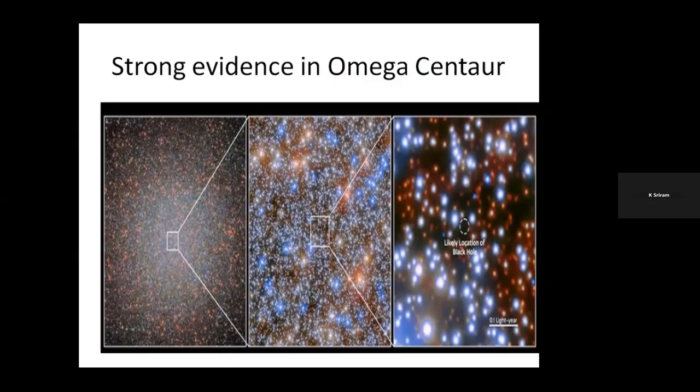It has been debated for the last two or three decades whether this particular cluster hosts a black hole at its center. When you zoom in, the size is very small, like one light year.